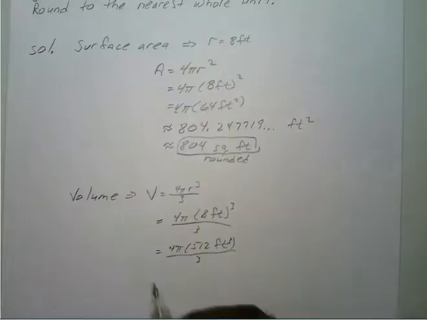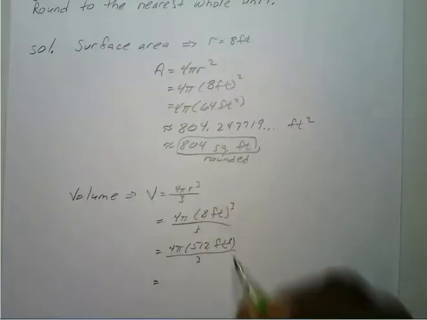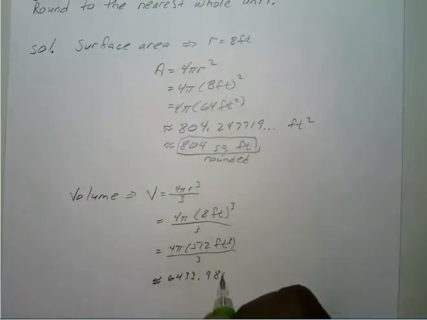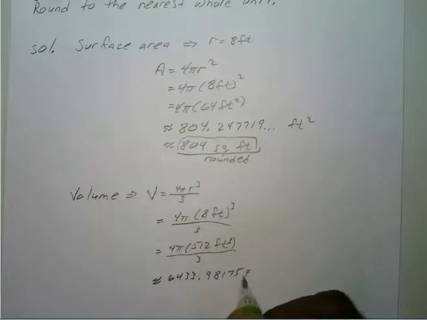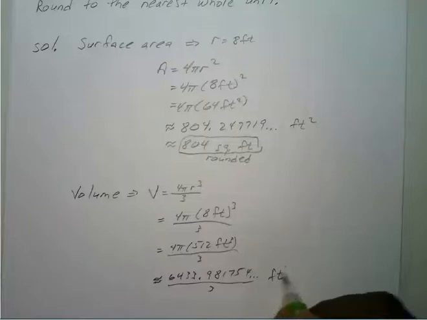So if we get 4 times pi times 512, we're going to end up with approximately 6,433.981754, and it keeps on going, divided by 3 cubic feet.